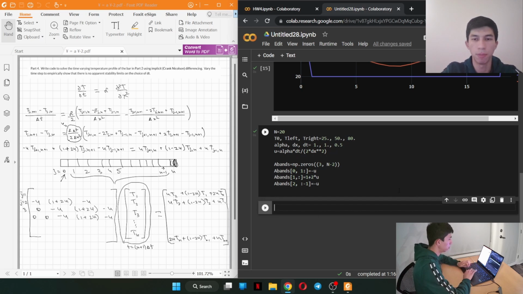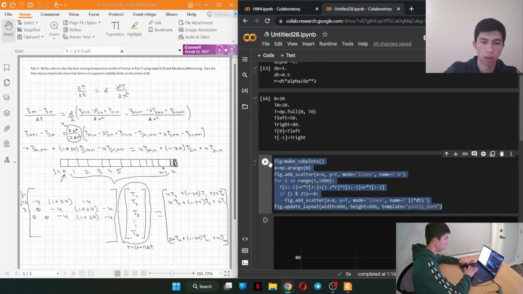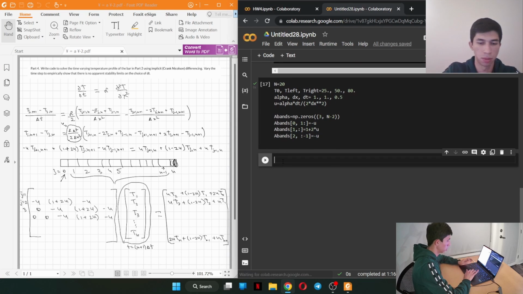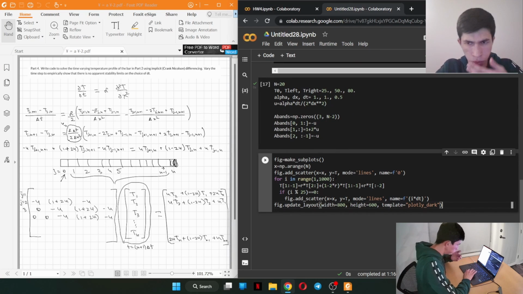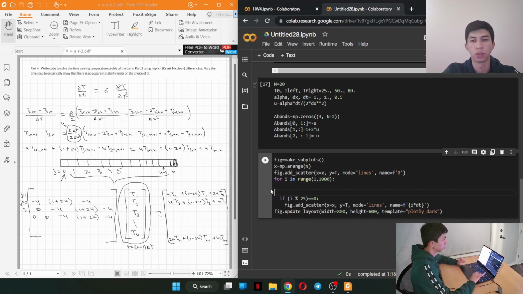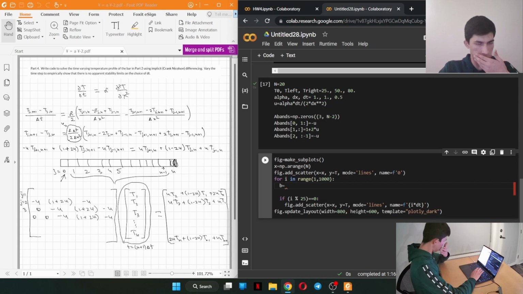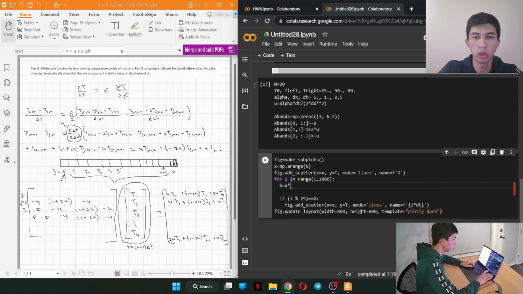So now I need to plot. I'm going to change this row only. I need to include these matrices in my Python, right? So I'm going to call it B, and that's going to be equal to u times the temperature at 2.